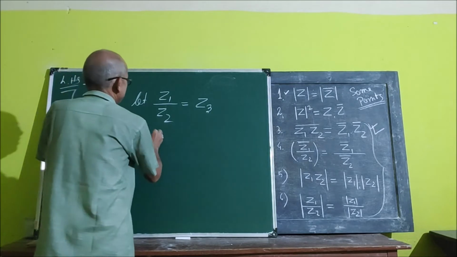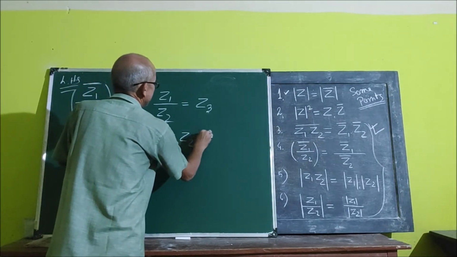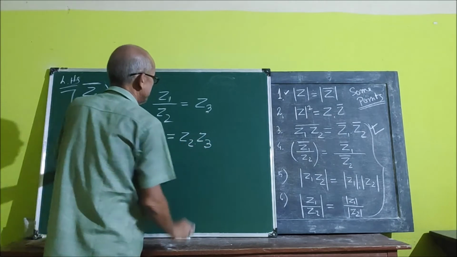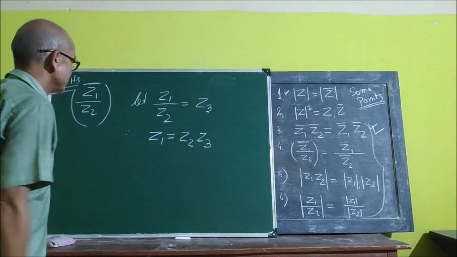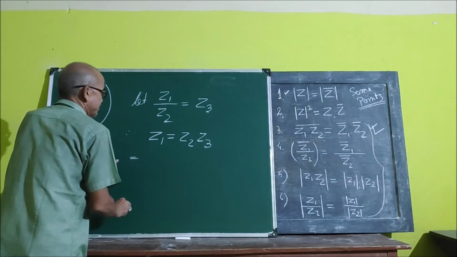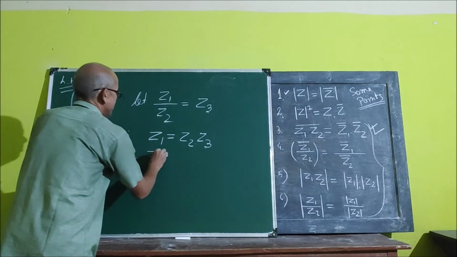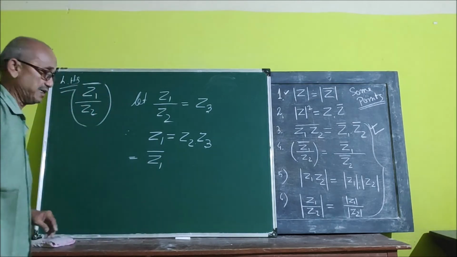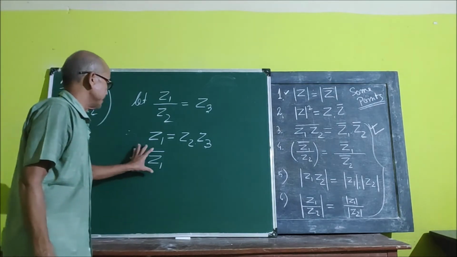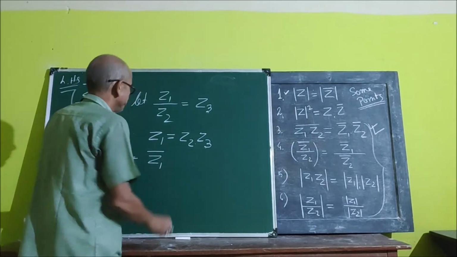Therefore Z1 equals Z2 into Z3. Applying the conjugate on both sides, we get the conjugate of Z1 equals the conjugate of the product of Z2 and Z3.